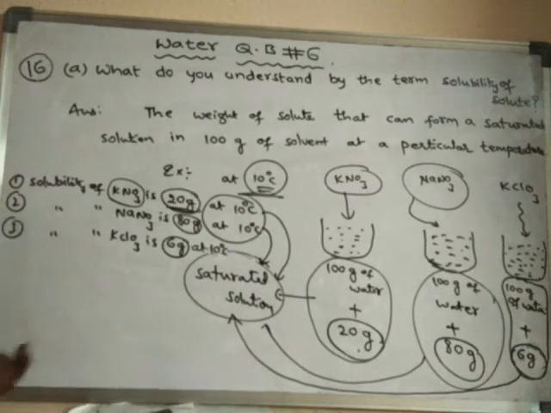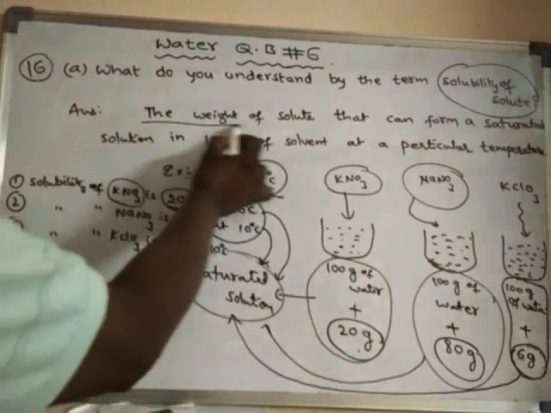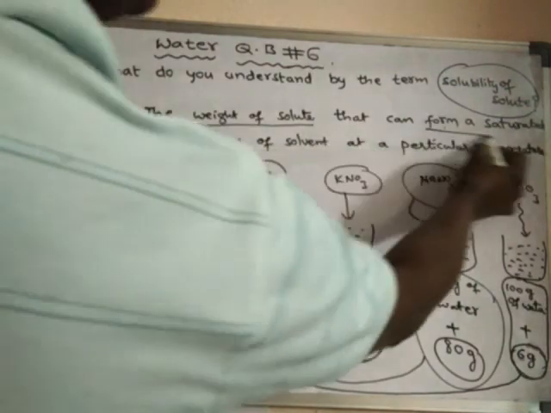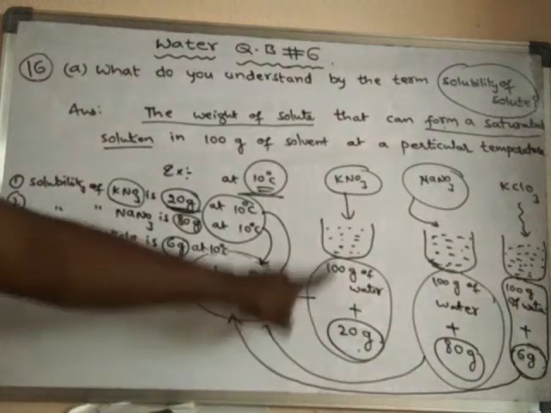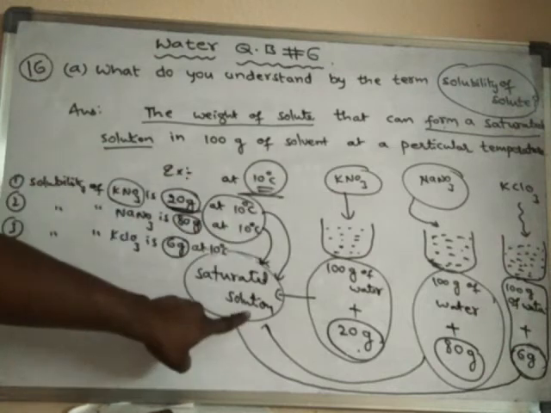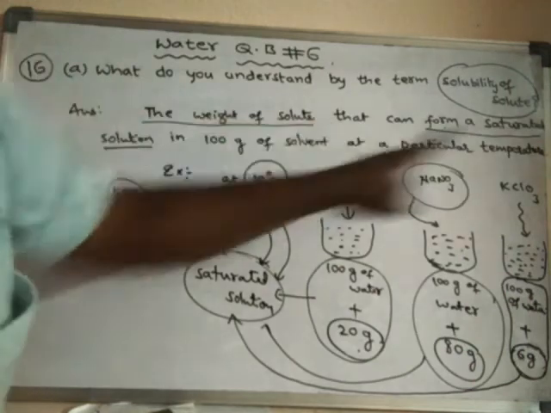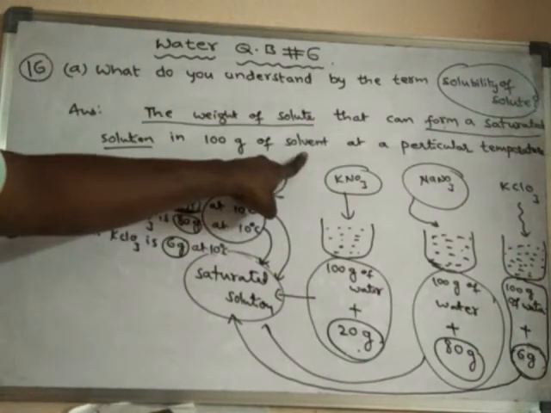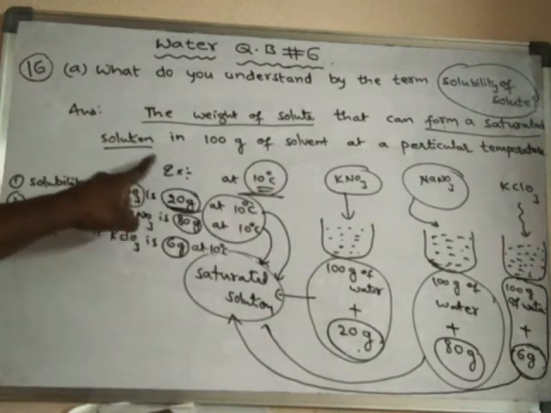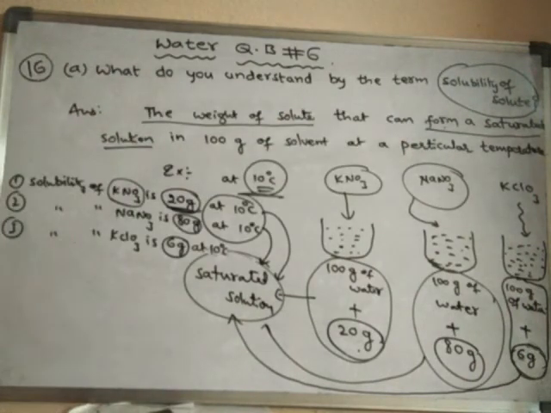So actually, what is solubility? Solubility of a solute means the weight of solute that can form a saturated solution. Here 20 grams of potassium nitrate can form a saturated solution in 100 grams of water. That means the weight of solute that can form a saturated solution in 100 grams of solvent, where water is the solvent, at a particular temperature is called the solubility of the solute.